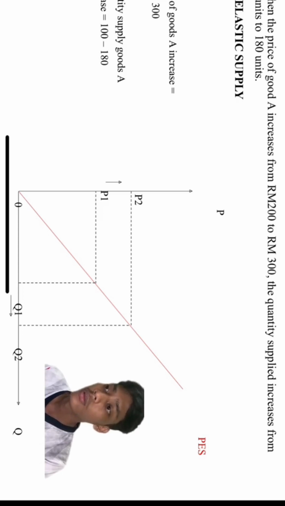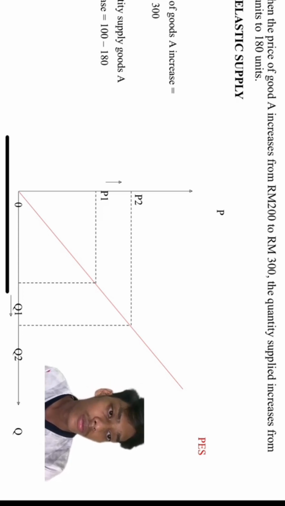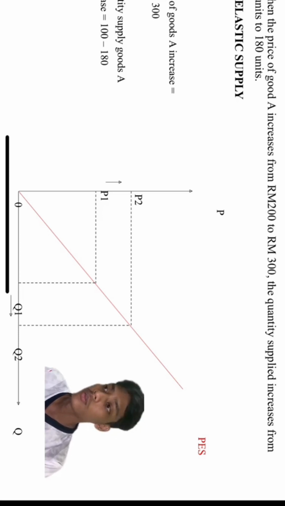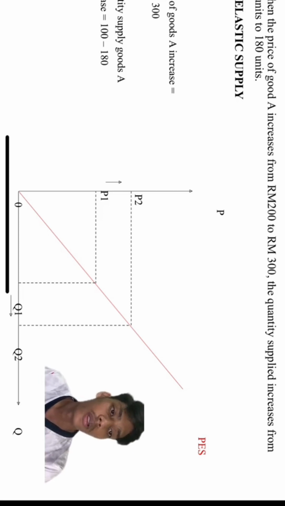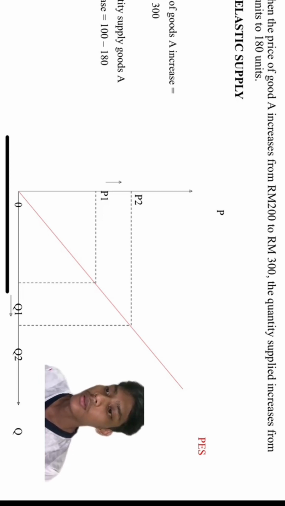Q1 is 100 units and Q2 is 180 units. The percentage change in quantity supplied is more than the percentage change in price.